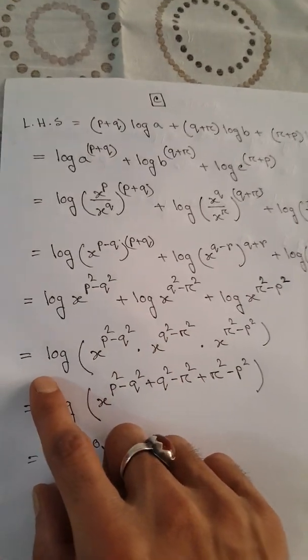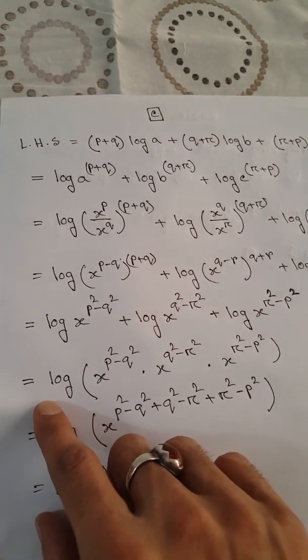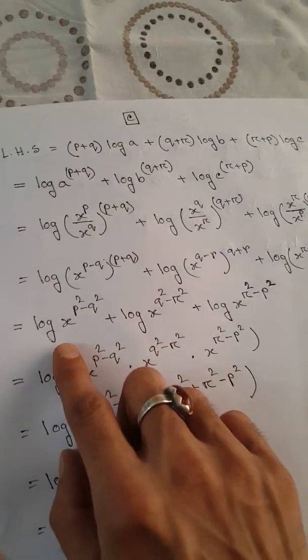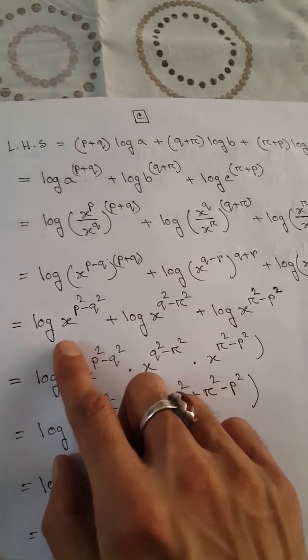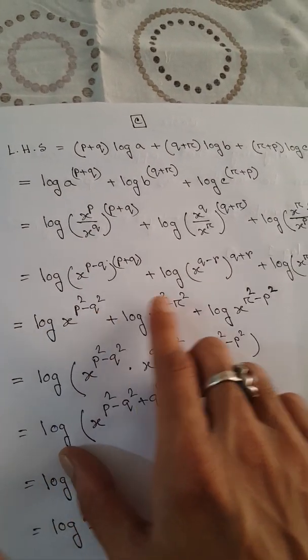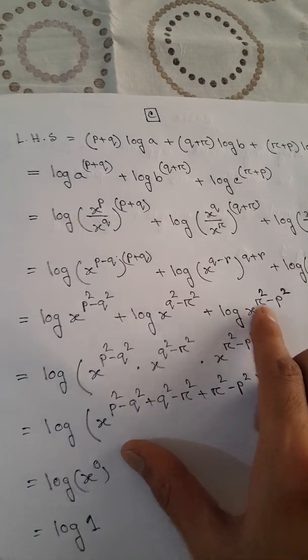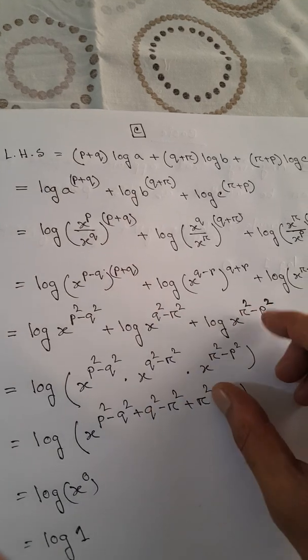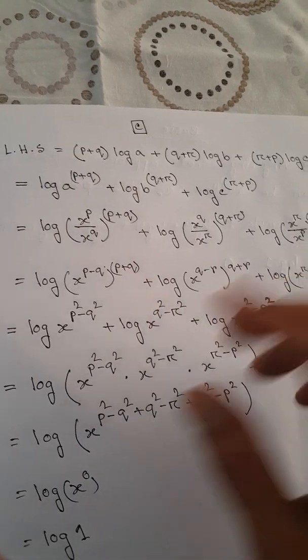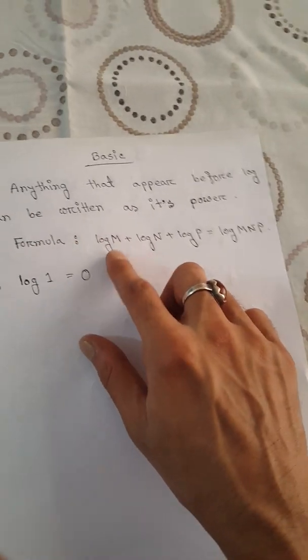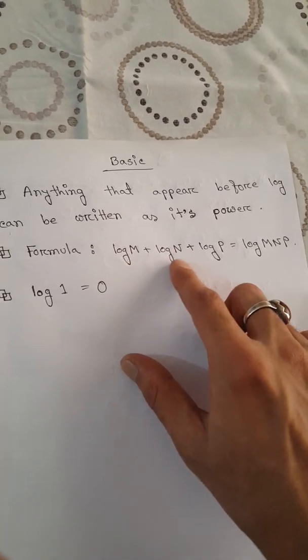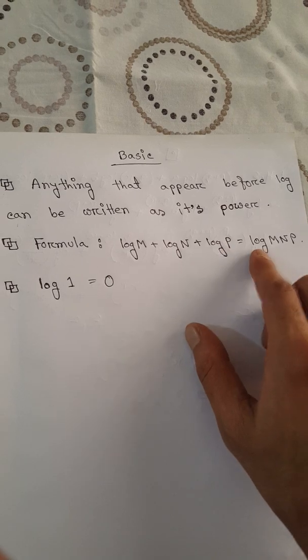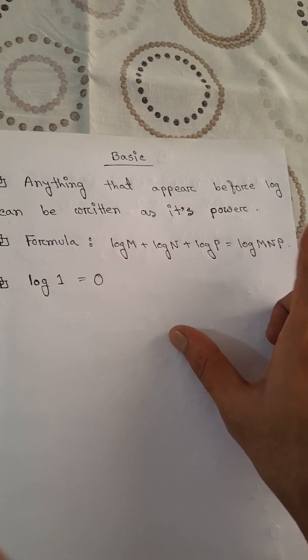Okay, in the next line, here is another basic. Look very carefully: log this plus log this plus log this. Suppose this is m, this is n, and this is p. So we have an important formula, and that formula is log m plus log n plus log p will be log m into n into p.